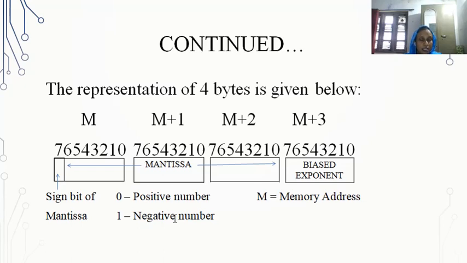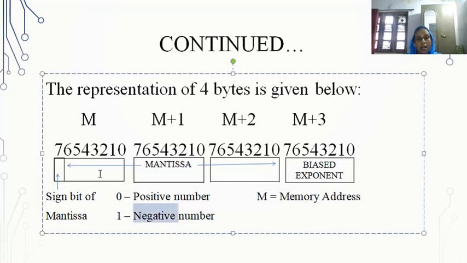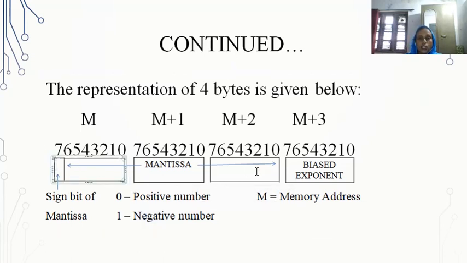Okay, after that the next 23 bits, you can see here 8 plus 8 is 16, 16 plus 7 is 23, since one bit is reserved for the sign bit.